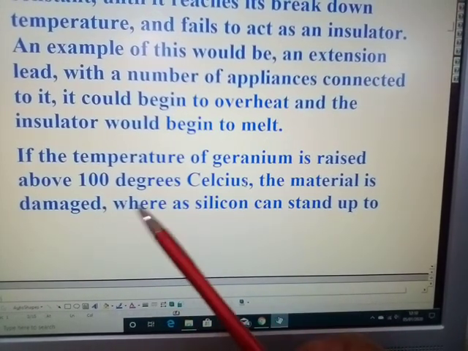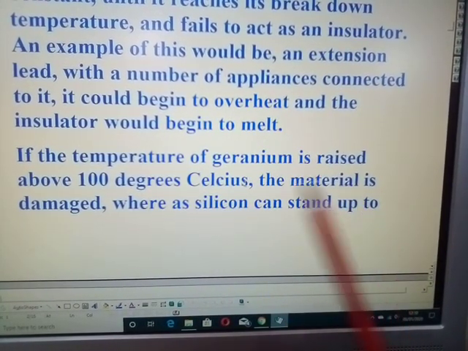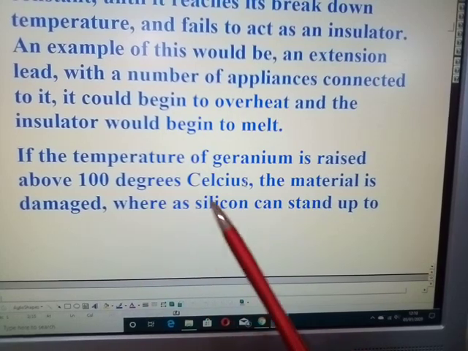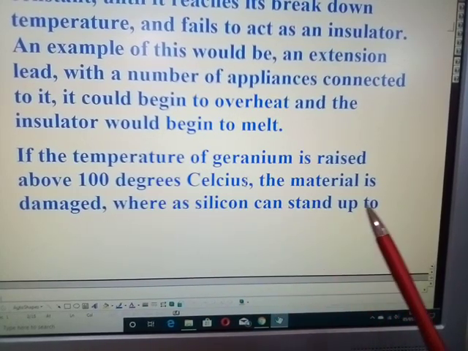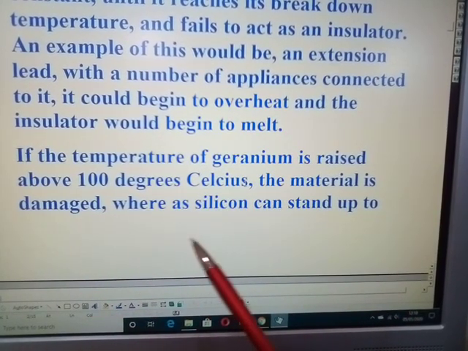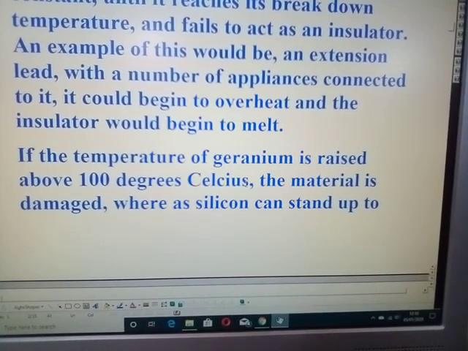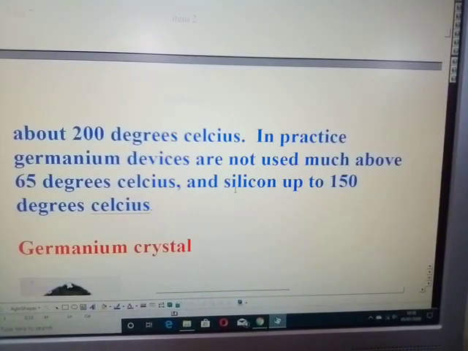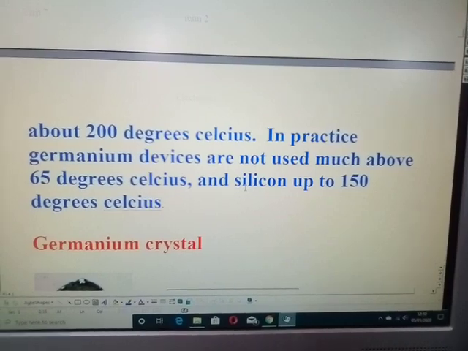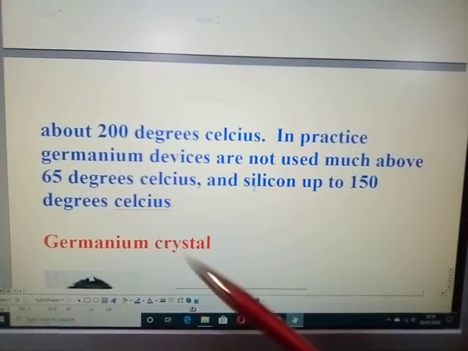Now, if the temperature of germanium is raised above 100 degrees Celsius, the material is damaged, whereas silicon can stand up to about 200 degrees Celsius.